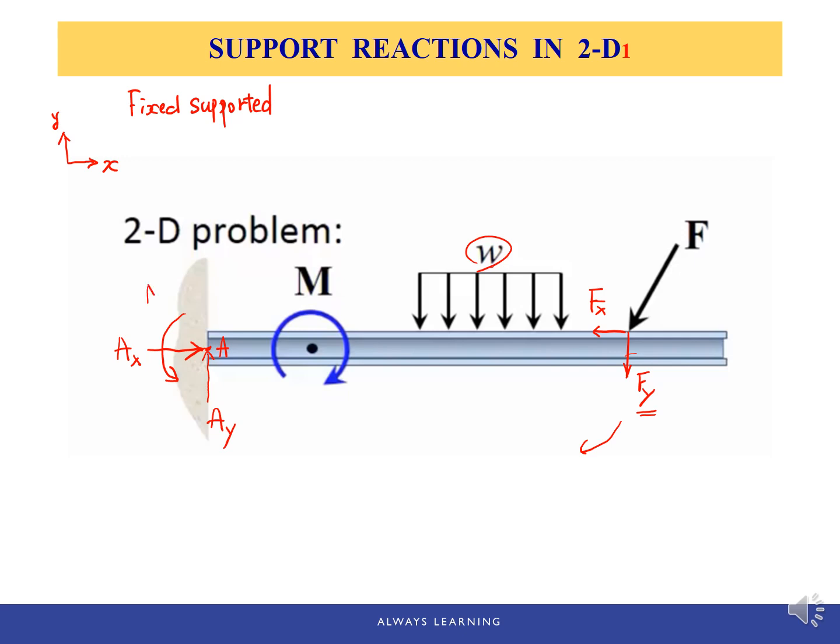We'll call it MA, the moment. Since this is a 2D problem, all motions can only occur within the XY plane, so there cannot be any other type of motion. And those three reactions are the support reactions from this wall, or from the fixed support.